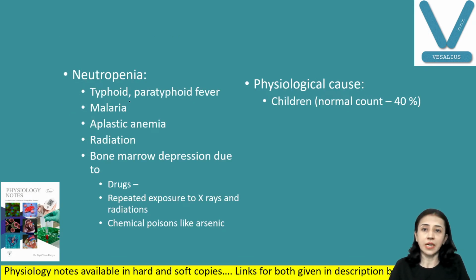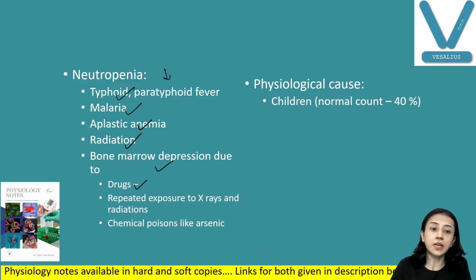Then neutropenia, a decrease in the neutrophil count. The causes are typhoid, paratyphoid fever, malaria, aplastic anemia, radiation, bone marrow depression because of certain drugs like chloromycetin, cytotoxic drugs, and repeated X-ray exposures, gamma radiation, certain chemicals like lead, arsenic, they also cause neutropenia.